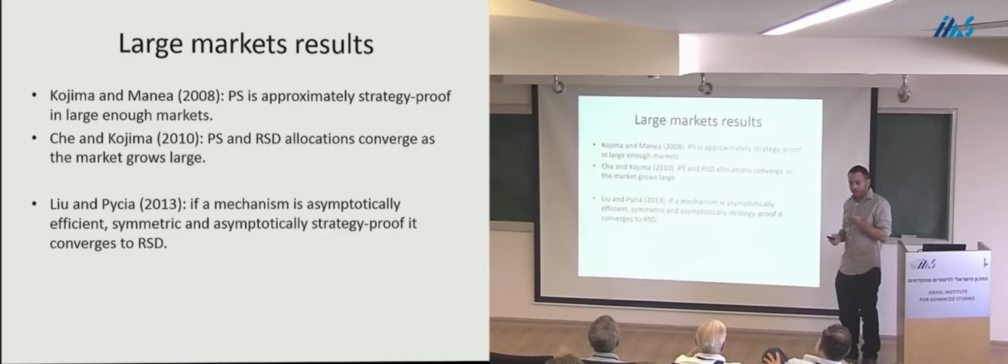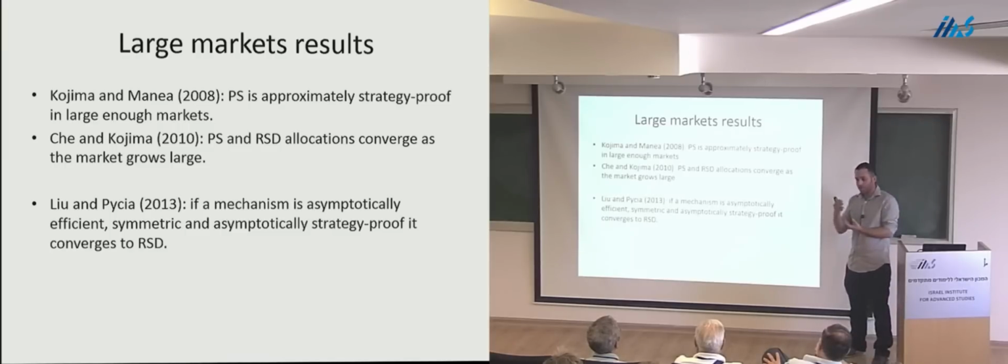The downside, as was proved later by Che and Kojima, is that when you look at large markets, probabilistic serial and random serial dictatorship are almost the same. The probability shares that each agent gets converge in the random serial dictatorship and in the probabilistic serial.